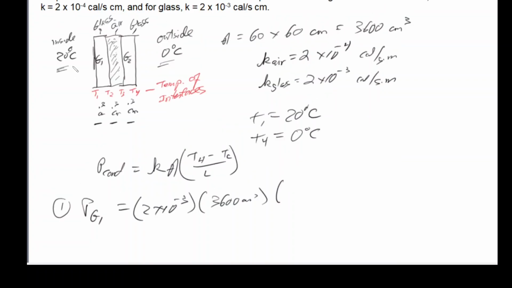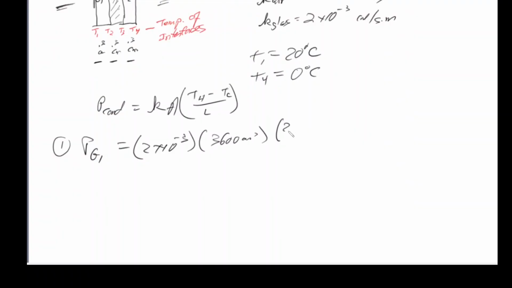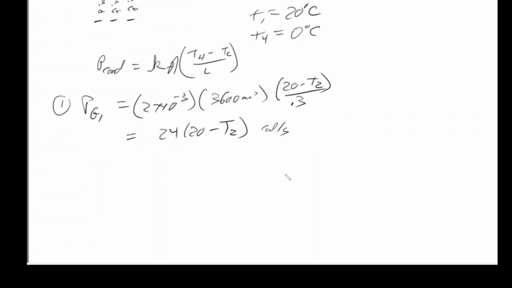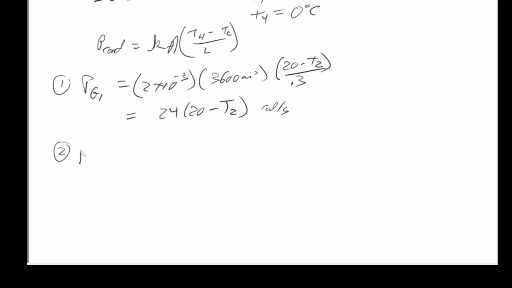Well, the hot temperature is 20 degrees centigrade. We don't know what the cold temperature is. We called it T2. So that would be 20 minus T2 over the length, which is 0.3 centimeters. So if you work that out, you get 24 times 20 minus T2 calories per second.